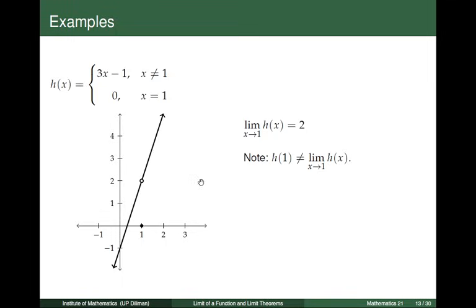Note that h of 1 is 0 and the limit is 2. So h of 1 does not agree with the limit of the function h as x tends to 1. Now this is a major difference from the previously discussed two examples.